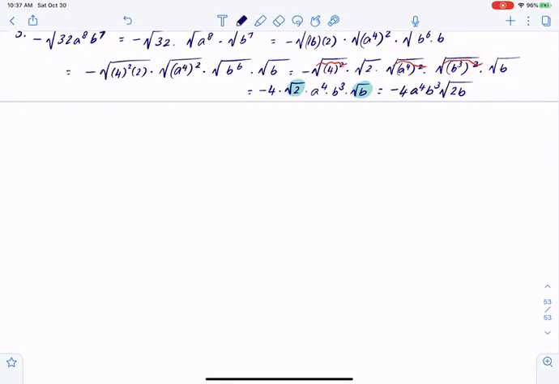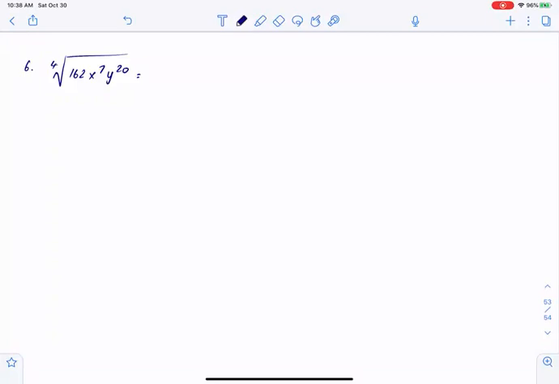We just have to be very careful in how we split the b's or the powers that are not divisible by the root. So here we have the fourth root of 162 times x raised 7 times y raised 20. We want to know if we can write 162 in powers of 4.